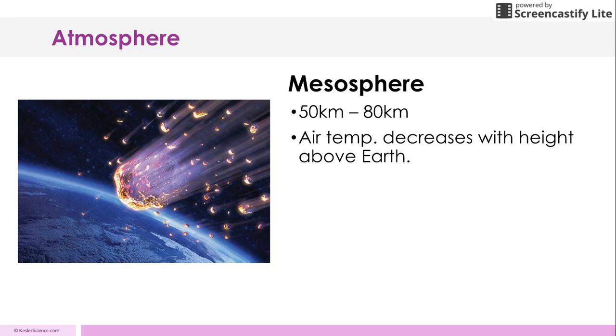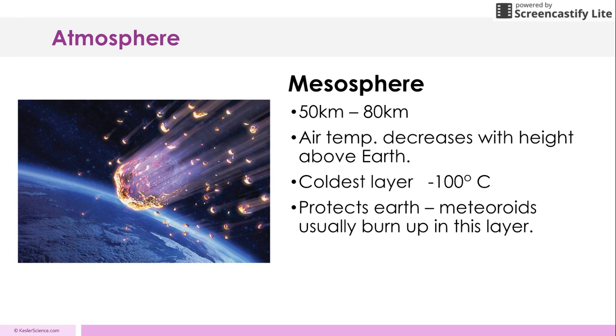The coldest layer is negative 100 degrees Celsius. This atmospheric layer is what protects the Earth from meteoroids. Meteoroids usually burn up in this layer, so they never really make it through the mesosphere.